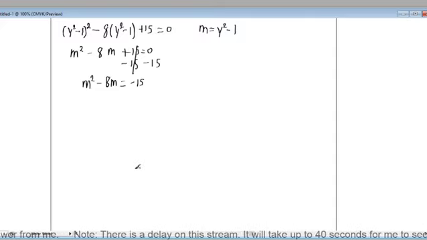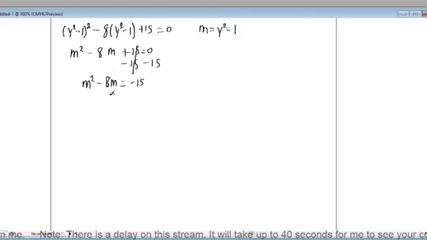Then we need to look at this number, take half of it and square it, and add that to both sides. So half of 8 is 4. 4 squared is 16, so we will add 16 to both sides.